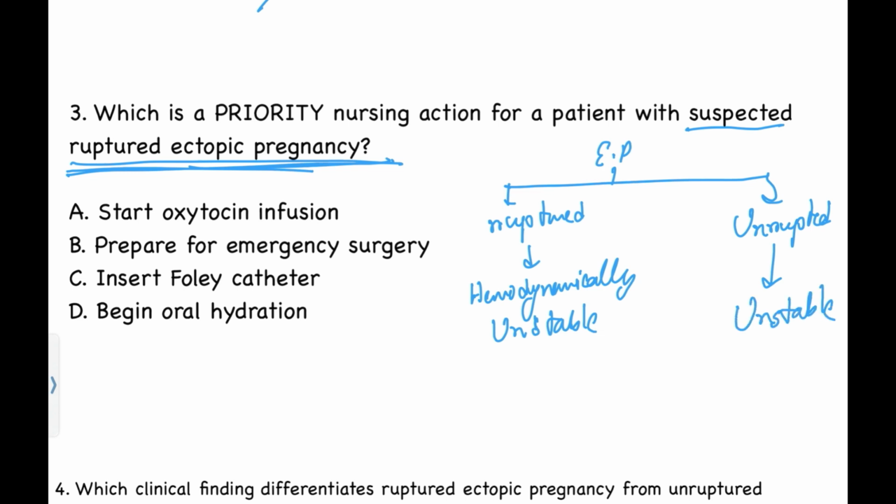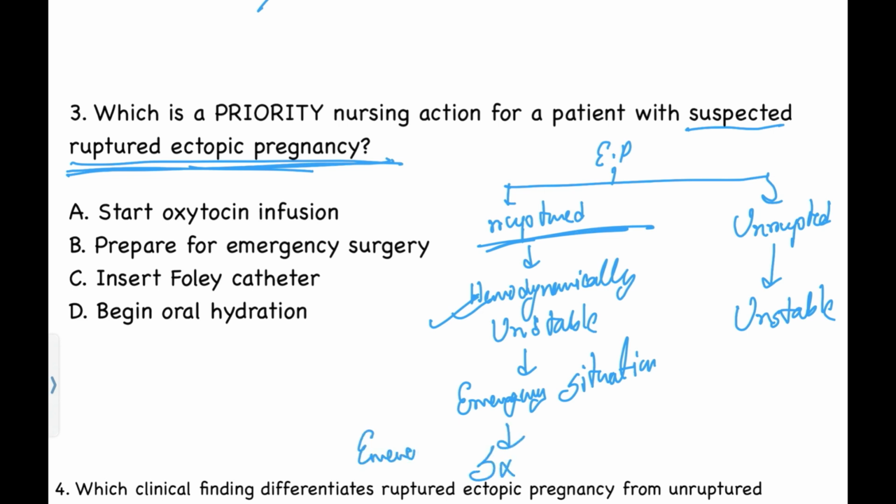Okay, so whenever it is a ruptured case, that means the mother is hemodynamically unstable and it is an emergency situation, so we need to do emergency surgery, that is laparotomy or laparoscopy, depending on the mother's hemodynamic stability.